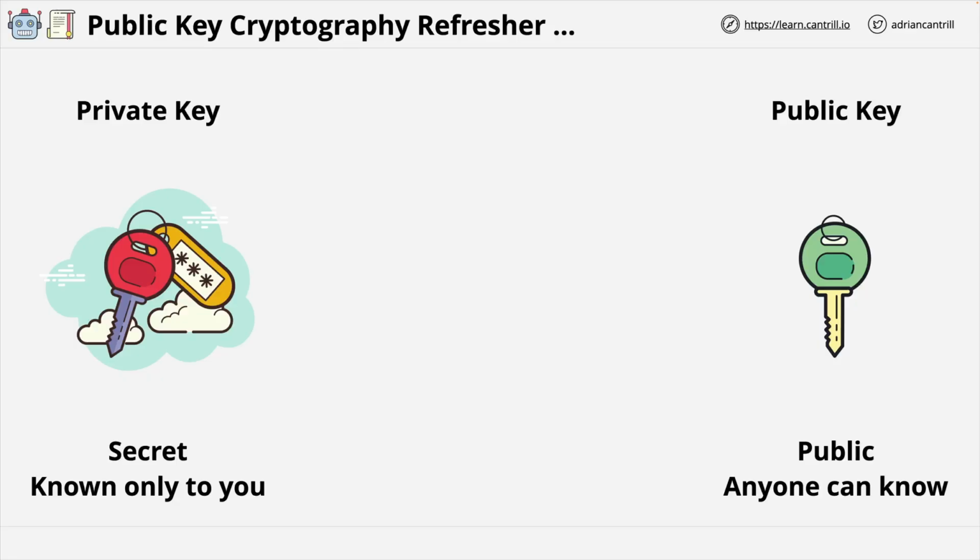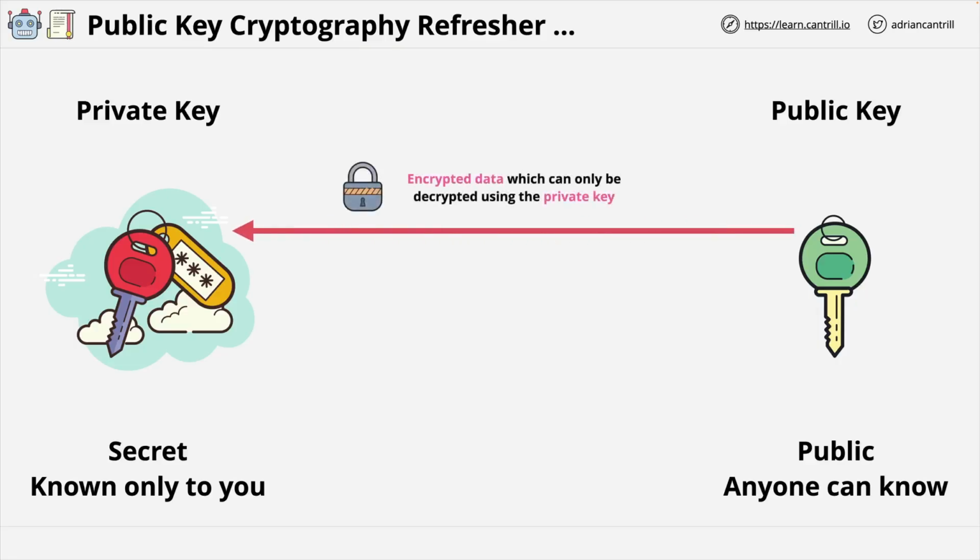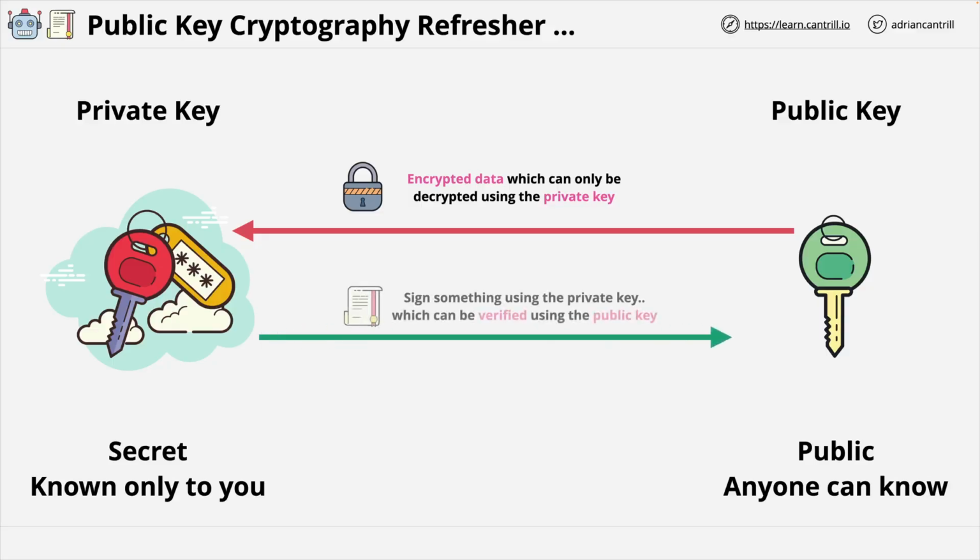It means that you can take the public key, which remember anyone has or anyone can get, and use it to encrypt data which can then only be decrypted by the matching private key. The data can't even be decrypted using the same public key which encrypted it, so it allows you to securely send data to the owner of the private part of a public key. What this architecture also allows is that you can take something and sign it using the private key.